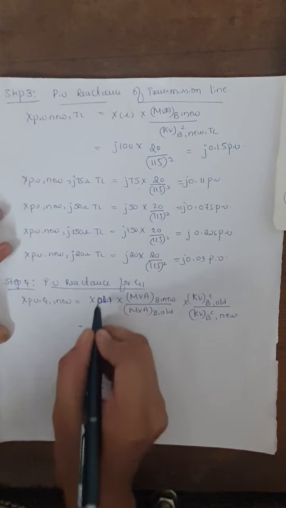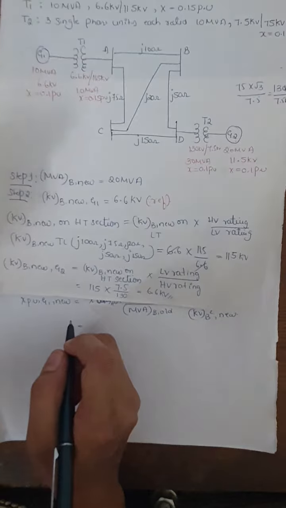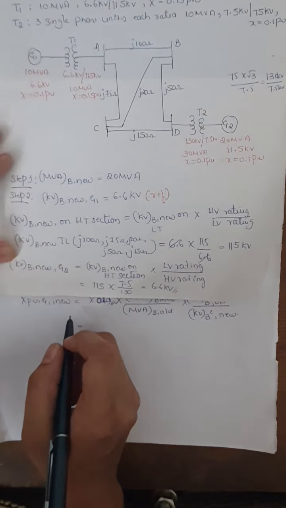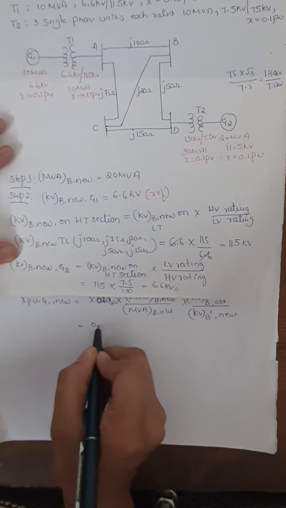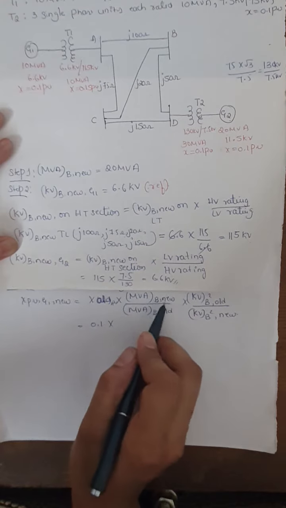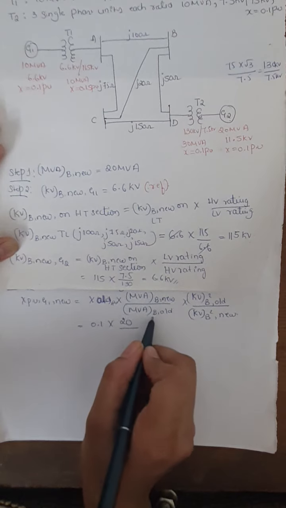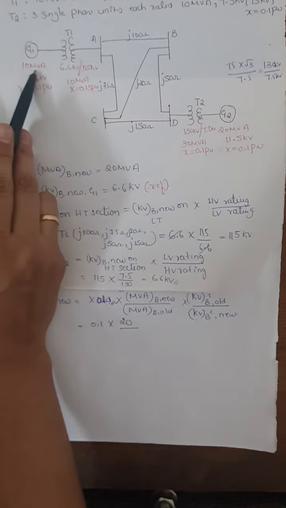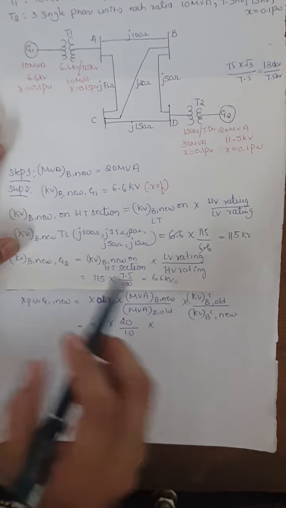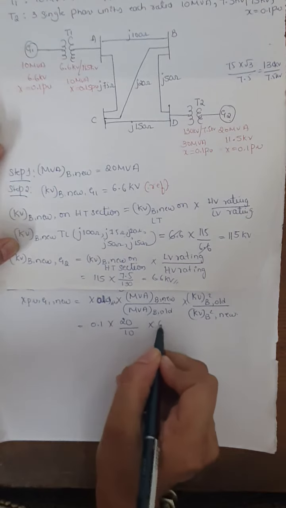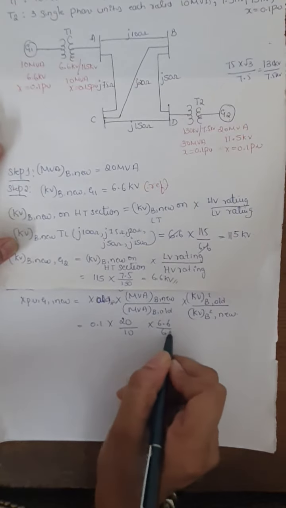First we'll do it for the X old value in per unit for generator 1. Look at the given data. Generator 1 has the old value of X given as 0.1 per unit, multiplied by MVA base new, that is the step 1 value, 20, divided by MVA base old, the given value, 10 MVA, multiplied by kilovolt base square old, which is 6.6 kilovolt, and new is the step 1 value, also 6.6 kilovolt.